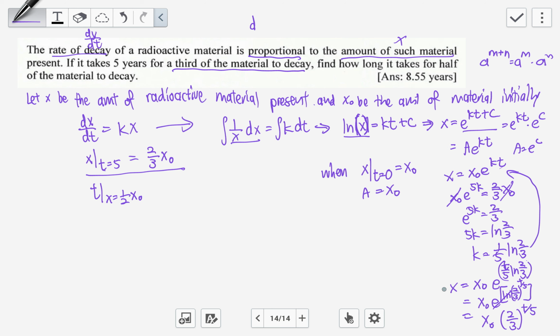So we want to know how long it takes, what our t is. We'll try to find t. When x equals half x0, I'll replace x with half x0, and then we have x0 (2/3)^(t/5), and x0 will cancel with x0, and we will have half equals (2/3)^(t/5).